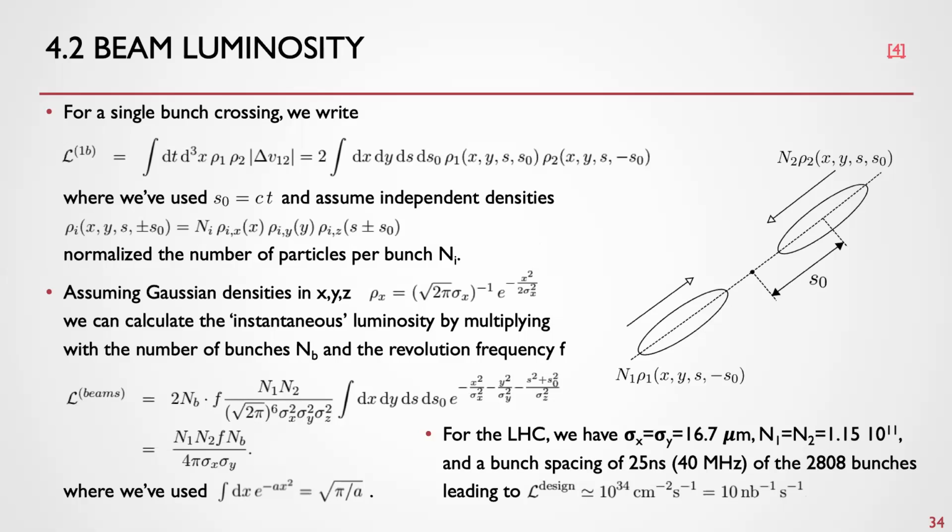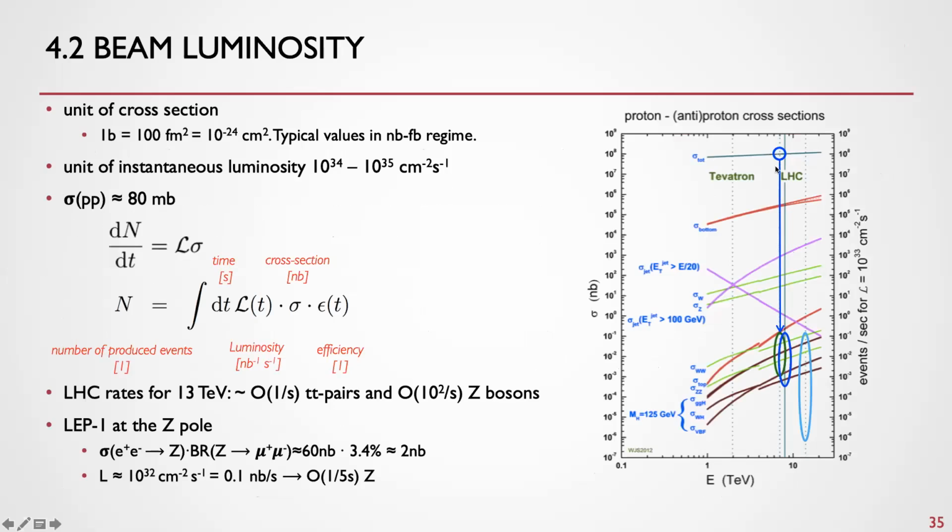Good. I hope you can see the slides. If you don't, please say so. Let's look again at the typical cross sections at the LHC. The total cross section of proton-proton collisions is 80 millibarn, and it's up here.